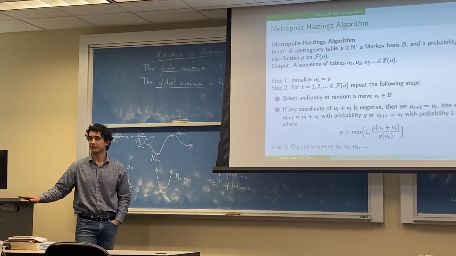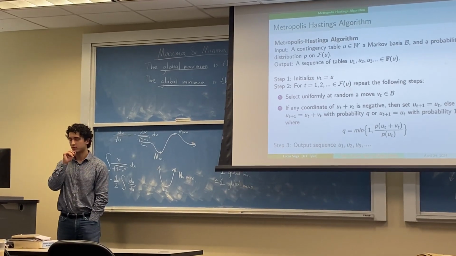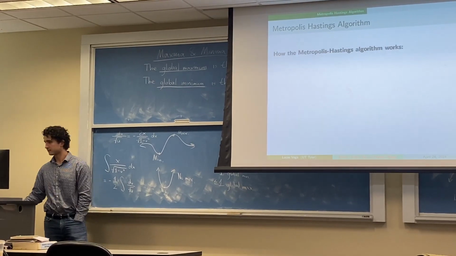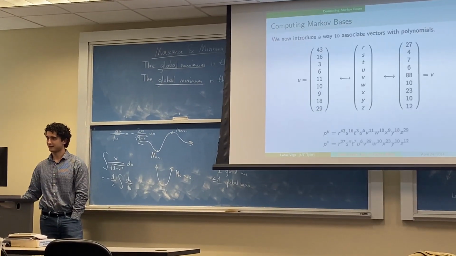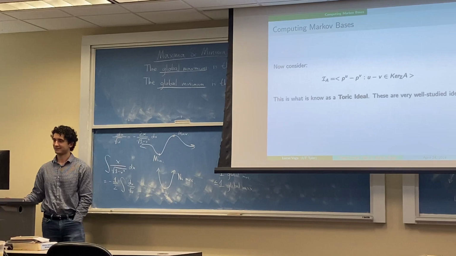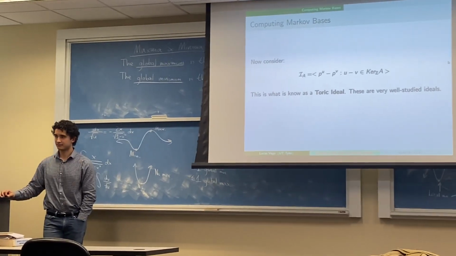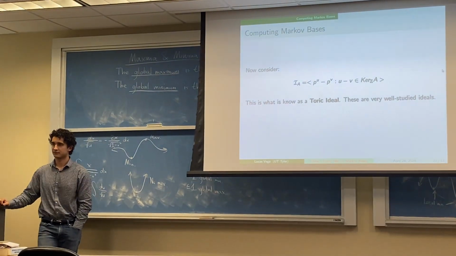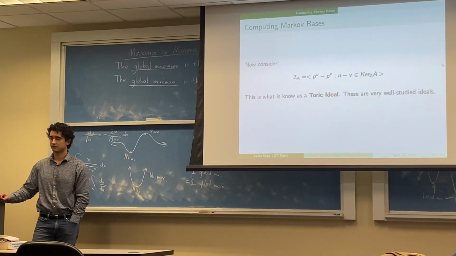I have a question. The one where you defined the toric ideal? Yes. Sorry, we're getting there. It's okay. There we go. So you said there's going to be an infinite number of stuff, but then now we can whittle it down to this finite amount. Is that because u minus v has to be in the kernel of A?